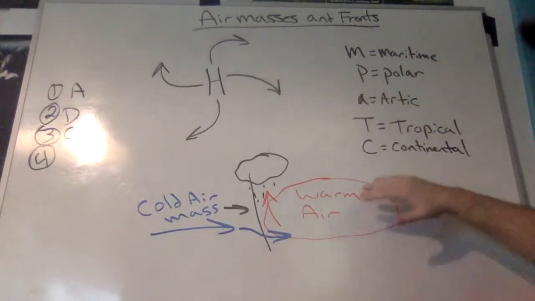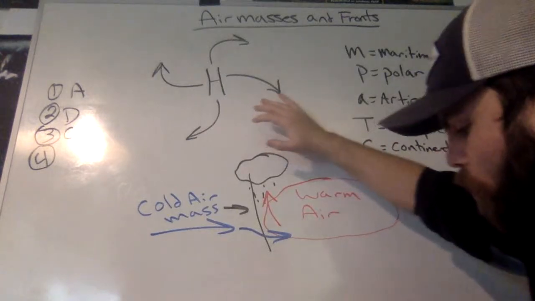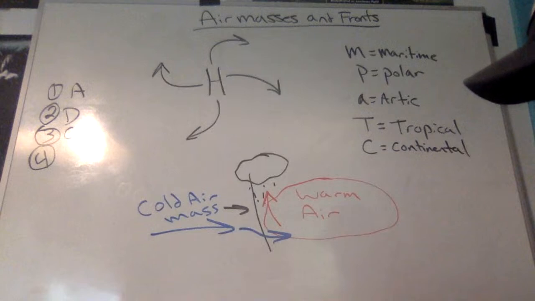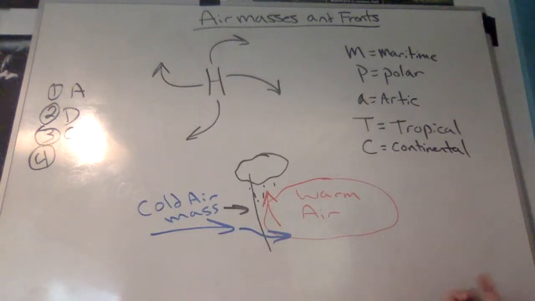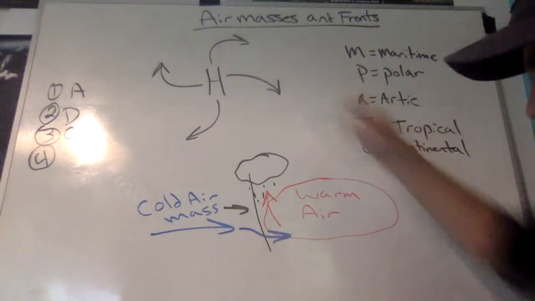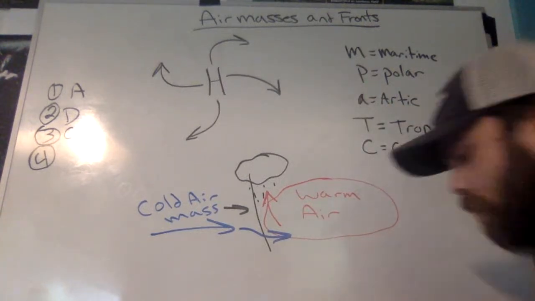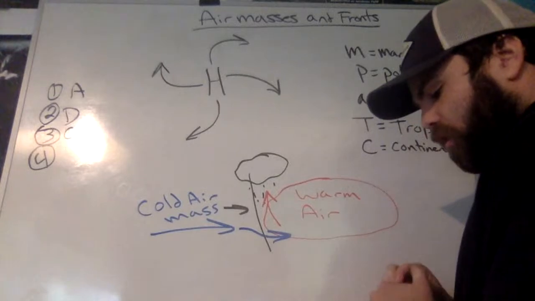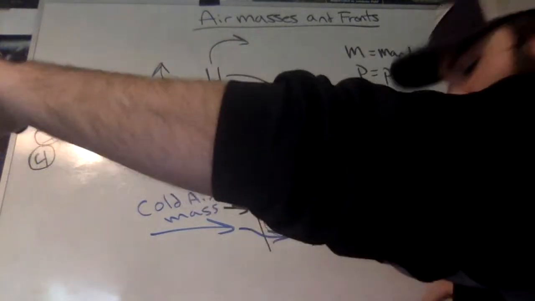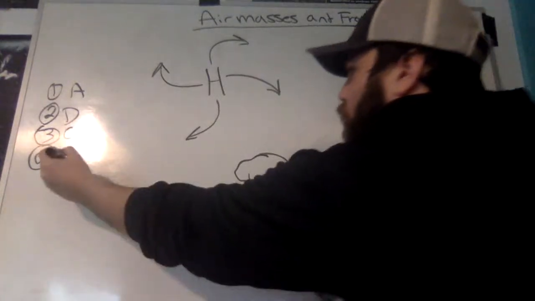It's pushing everything out, so we can eliminate A and D because they say wet weather. If there are no clouds, there won't be any precipitation. Now also, which gets a little confusing, since the wind is blowing everything out, it's going to be cool. So for number four, it's going to be B.